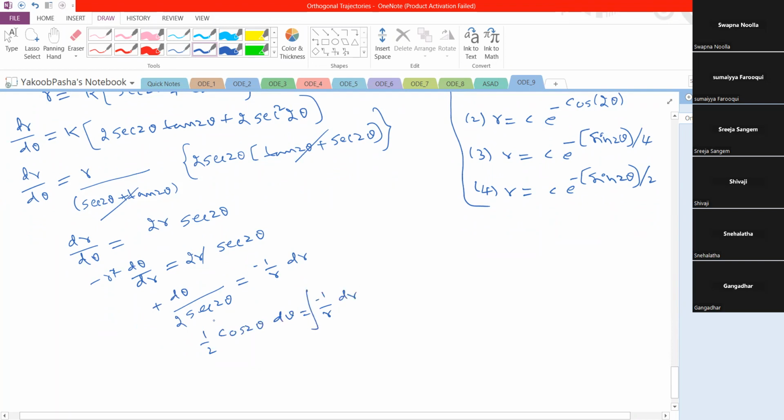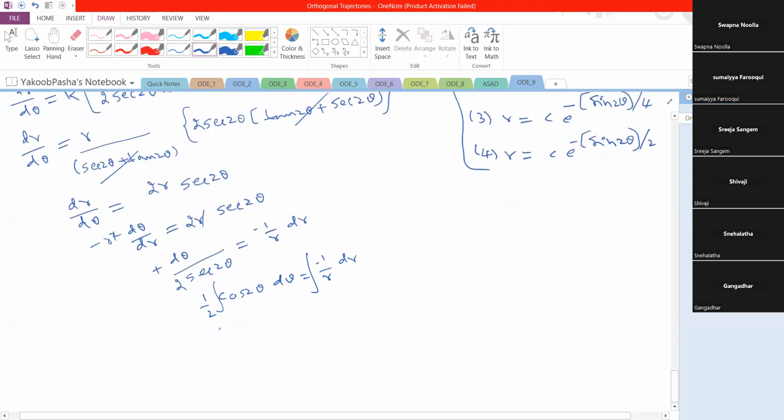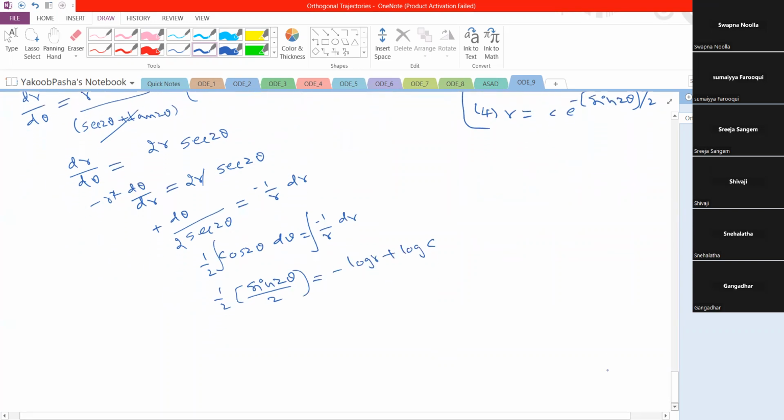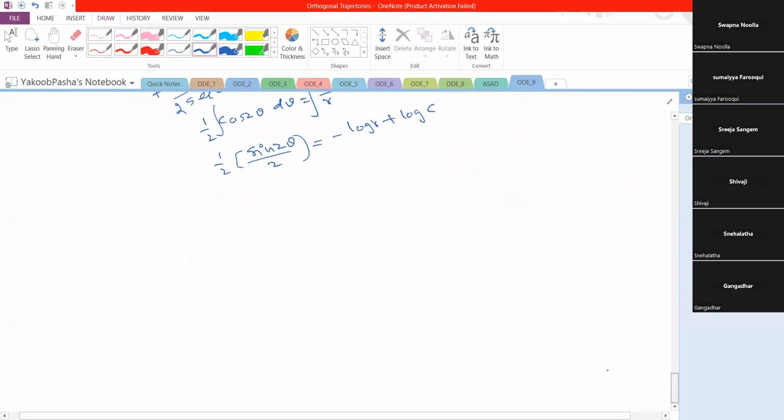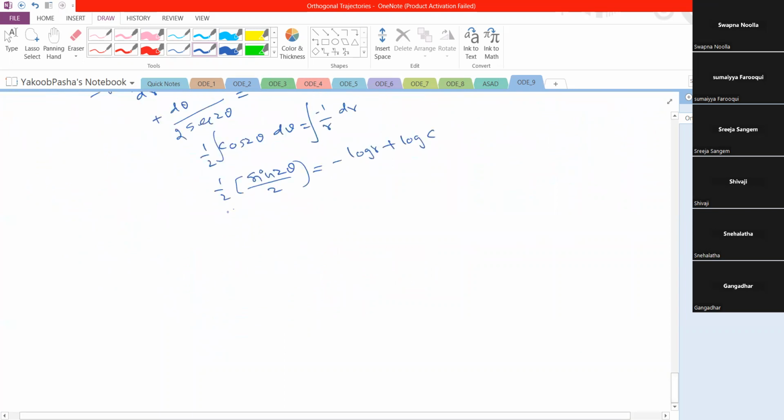Now integrate on both sides. So integration of cos 2 theta, that is sine 2 theta by 2, that is equal to minus integration of 1 by r, log r, the arbitrary constant is c. So here sine 2 theta by 4 is equal to log c by r, log m minus log n.